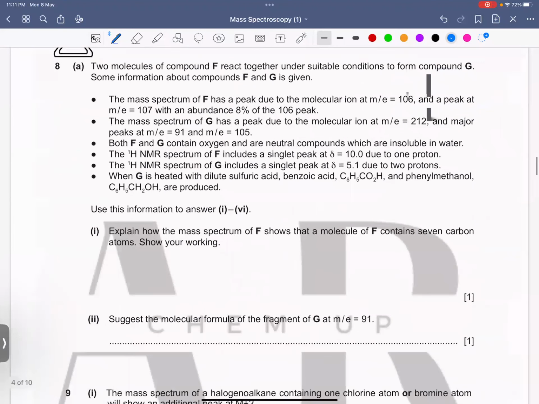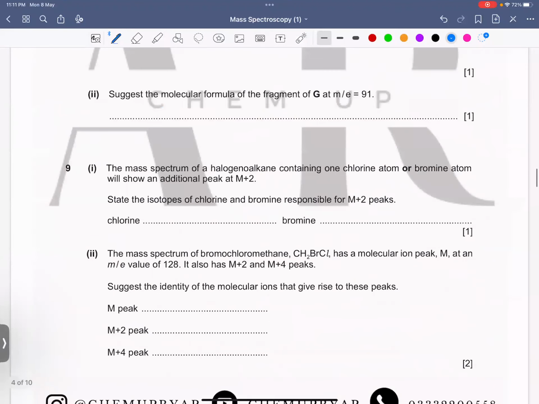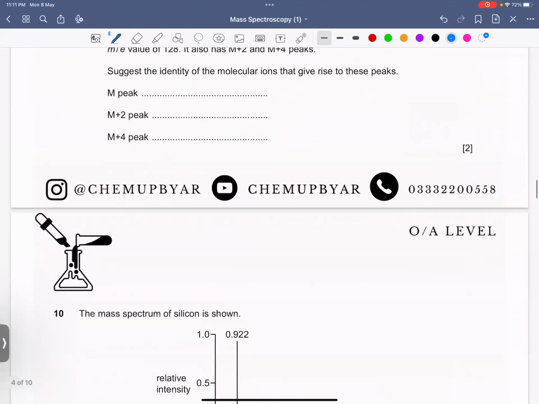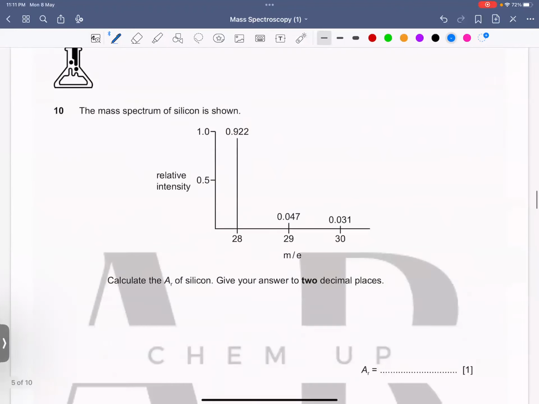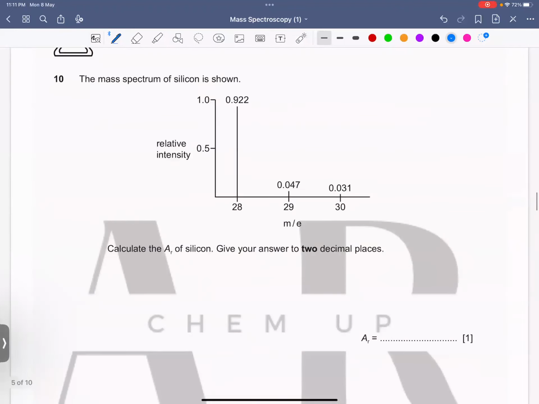Okay, you can leave this one. Okay, look at this question. This is to find the Ar of the compound. So you know how to do it, right?